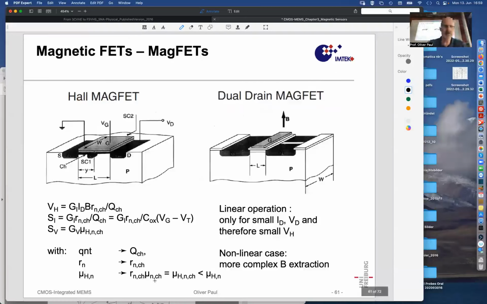Such devices have also been implemented as field effect transistors. So on the left, you have a traditional field effect transistor with a source and drain, with a gate plate over an oxide, an insulator, over a channel that can then be conducting under a suitable gate voltage VG. And so we'll have a source drain voltage flowing.